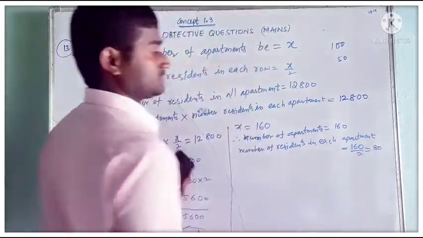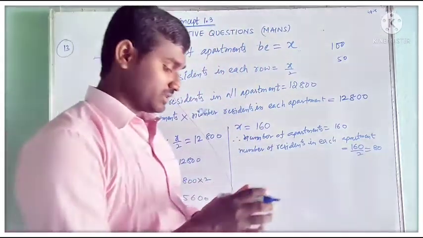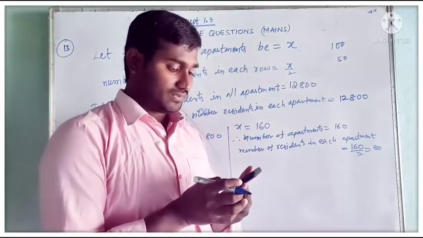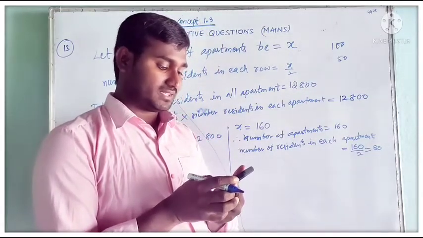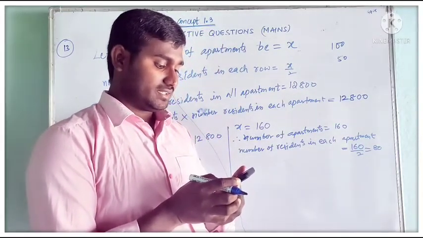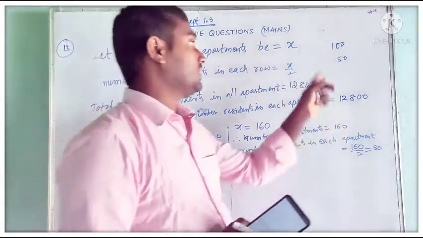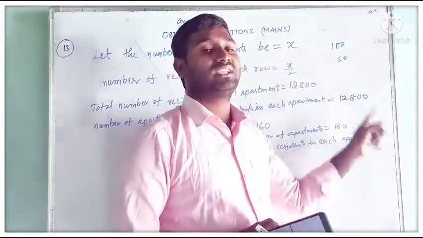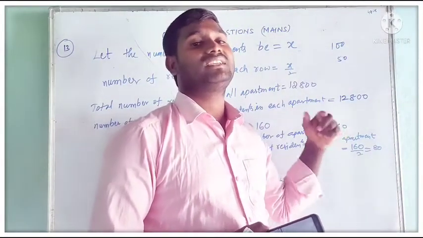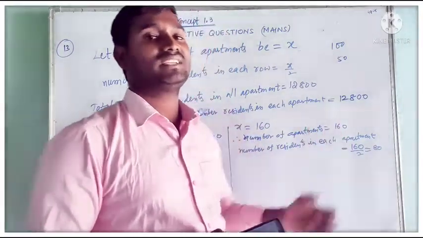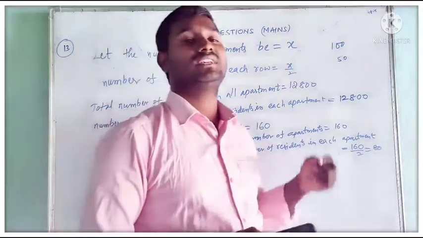Okay, so what they said in the question is that if they donate 3 rupees per month on average, then the total amount collected from each apartment. In each apartment, how many residents? 80 residents are there, and each resident donates 3 rupees.